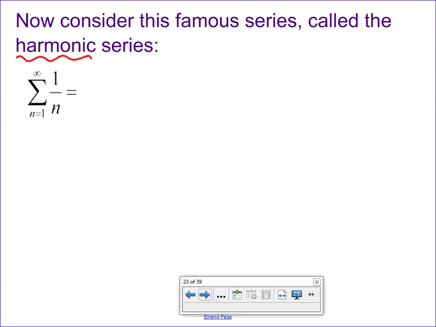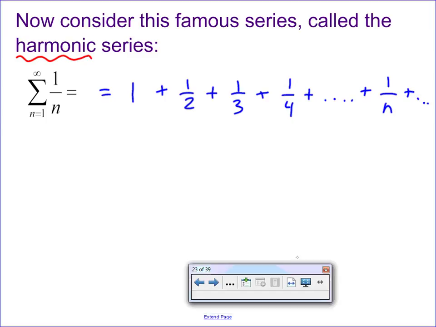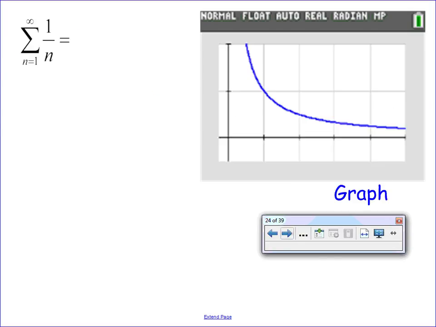If we were to expand this, when n equals 1, I get first term 1, plus 1/2, plus 1/3, plus 1/4, plus our generalized nth term. So this is called the harmonic series, and this is very famous. Let's go about it the same way.